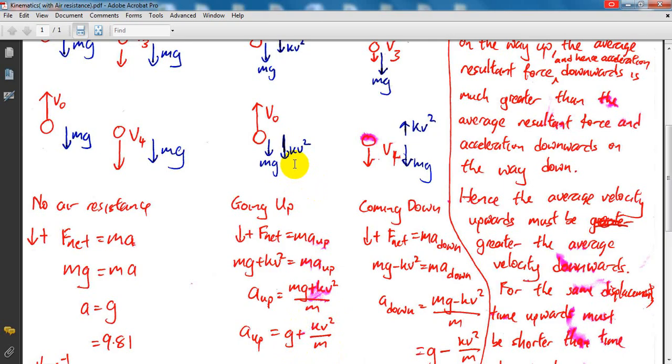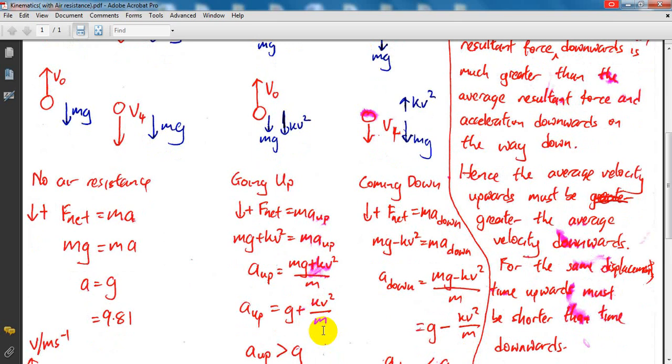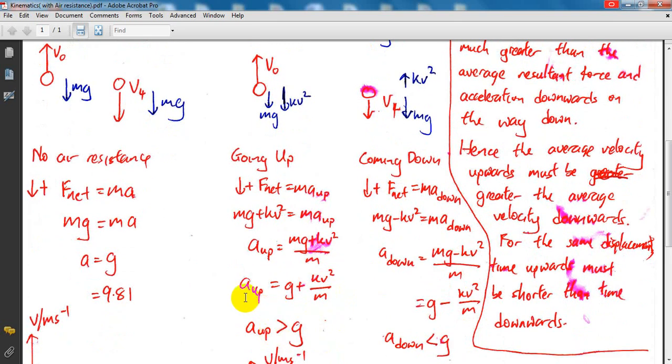I know because I'm sure of the direction of my drag force, which is downwards. So I know kv squared is a positive value, hence this whole value over here is positive. By extension, I know that acceleration upwards is greater than the value g, which is 9.81.